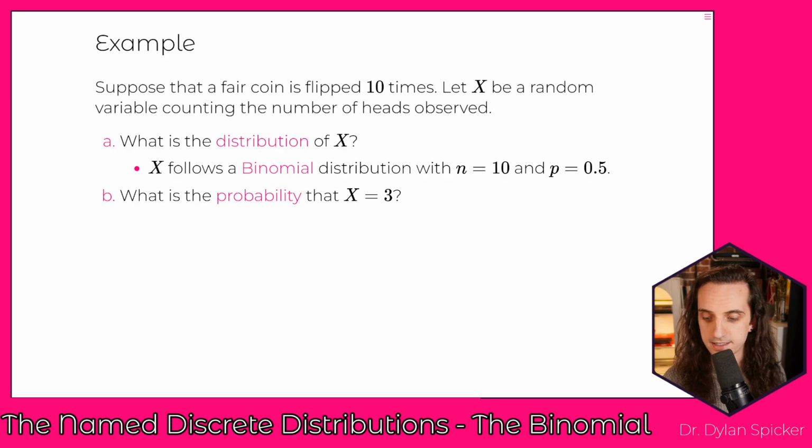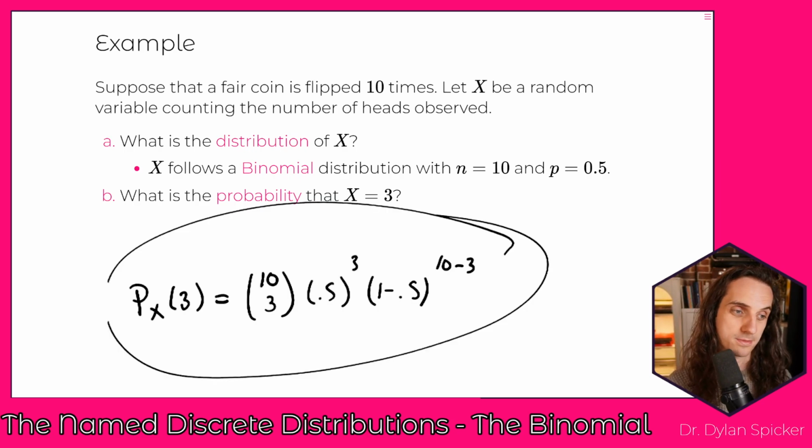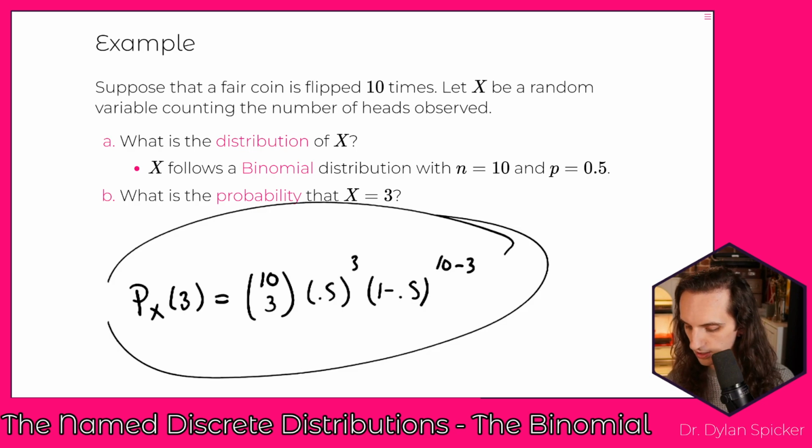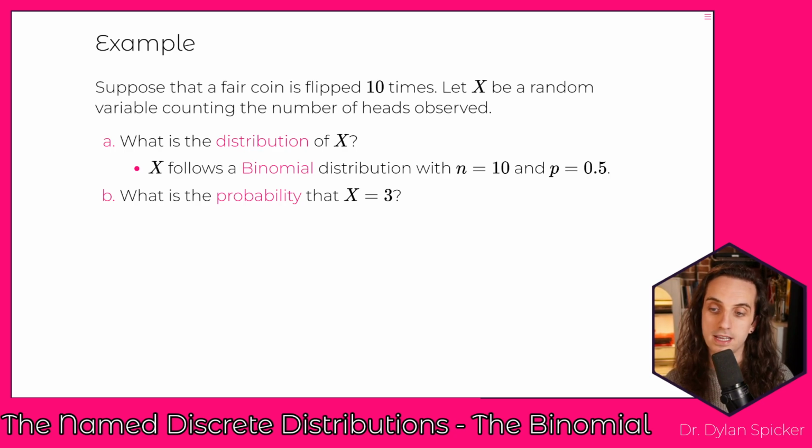What's the probability that x is equal to 3? Well, here we can plug into our probability mass function. So the probability that x is equal to 3 is going to be n choose x, so that's 10 choose 3, times the probability of success, which is 0.5 to the power of x, times 1 minus 0.5 to the power of 10 minus x. Using this formula, which comes directly from our probability mass function, plugging that into our calculator is going to give us the actual probability.